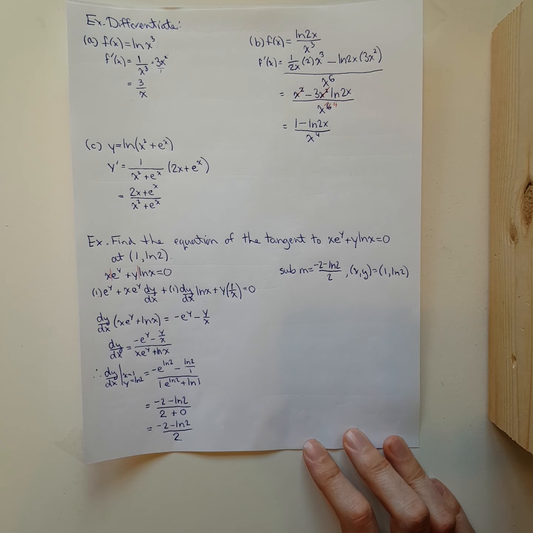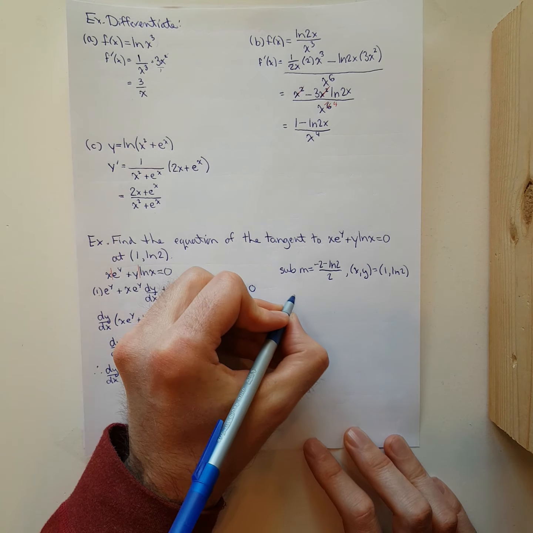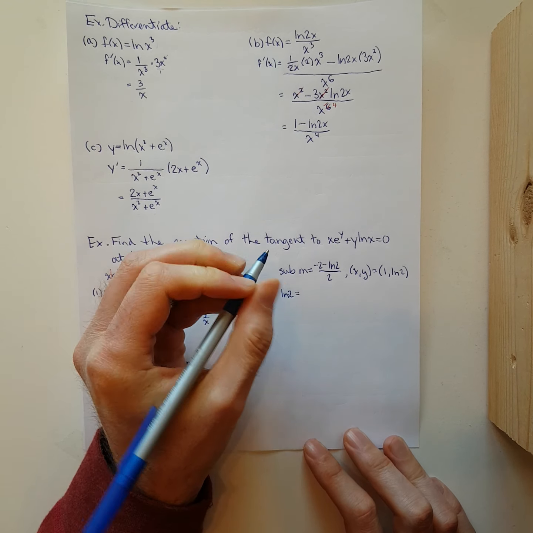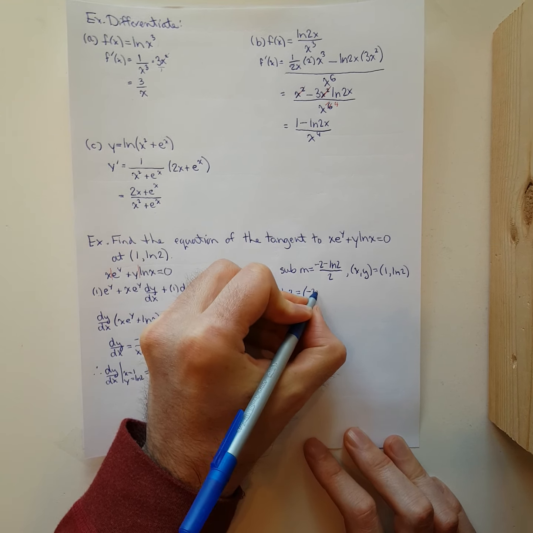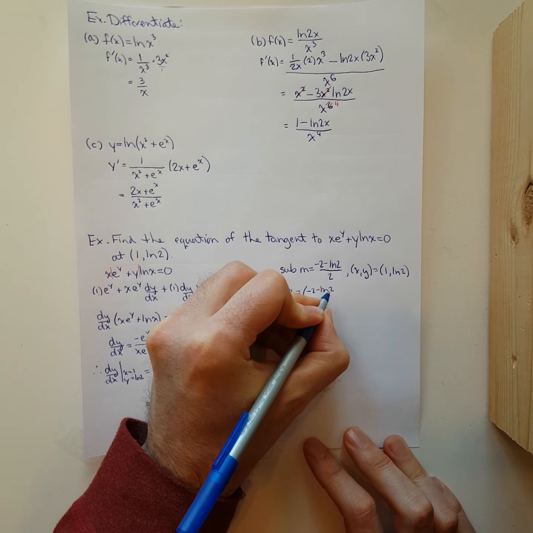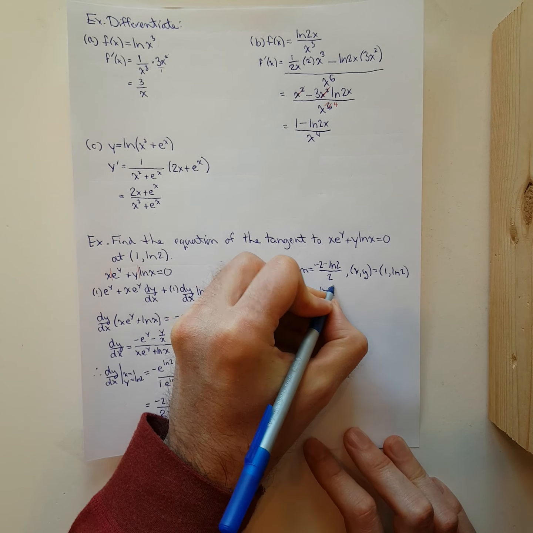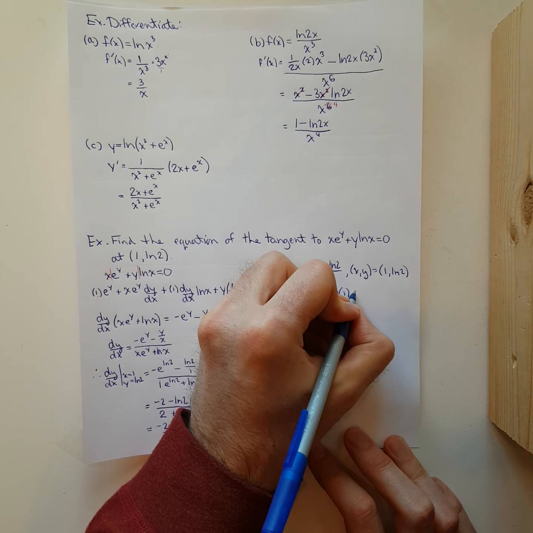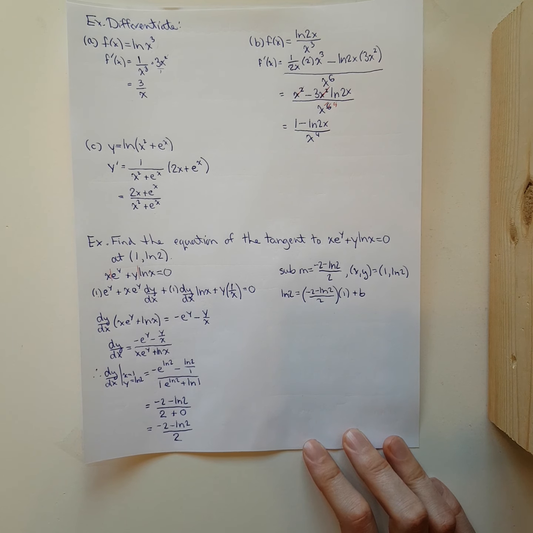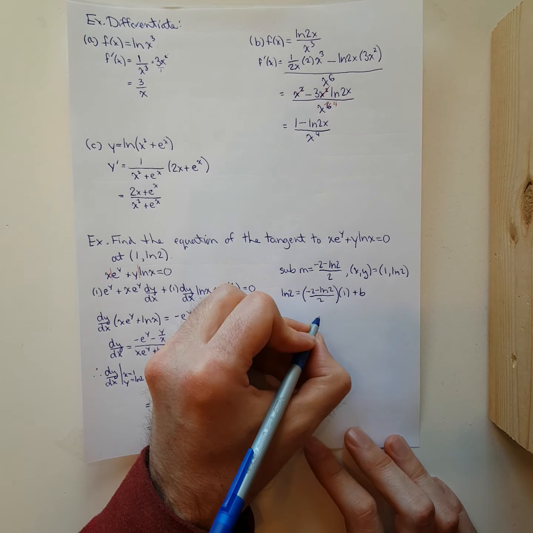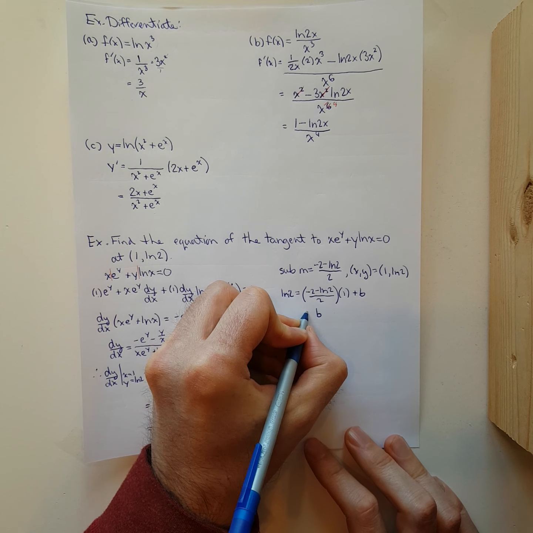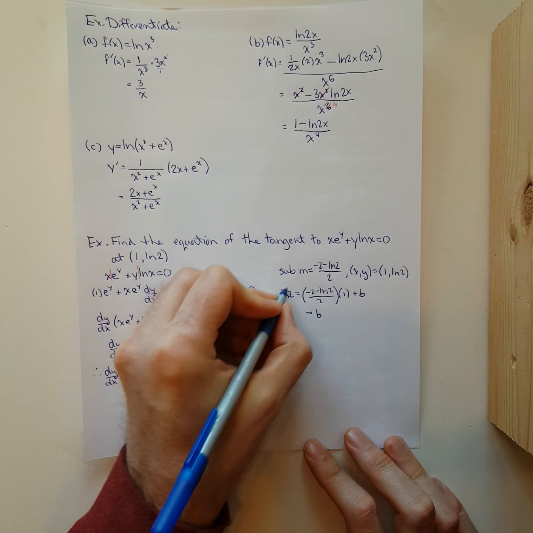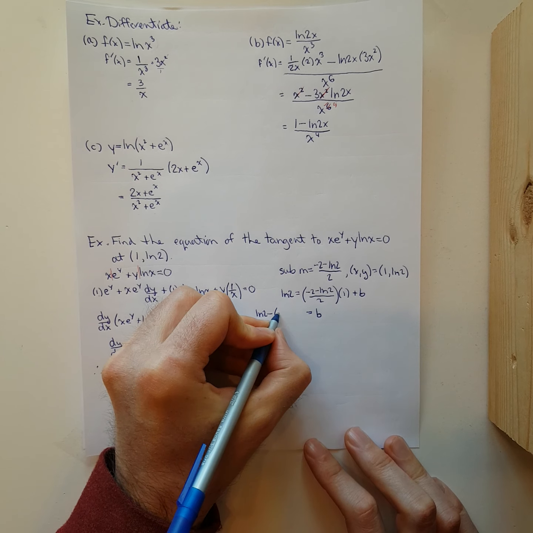If I sub that into y equals mx plus b, we would then get y, so ln 2, equals m times x plus b. Isolating for b, we would have b equals ln 2 minus that crazy fraction.